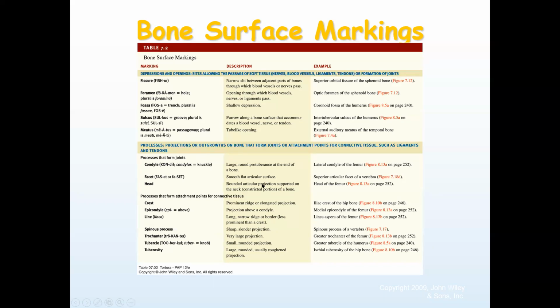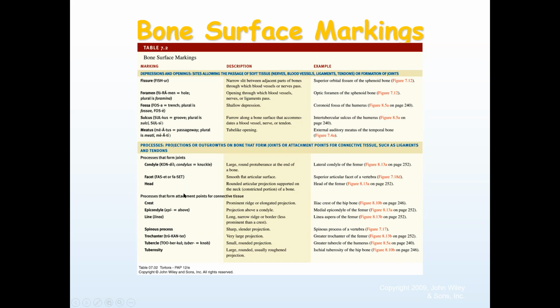Now, the best example of this in the human body, of course, is the head of the femur. If you've all seen a femur before, you know what I'm talking about. The end of the bone, I mean, you even see them in cartoons, right? When you see the end of the bone sticking out and that round protuberance at the end of it, that is your head sticking out onto the neck, okay?